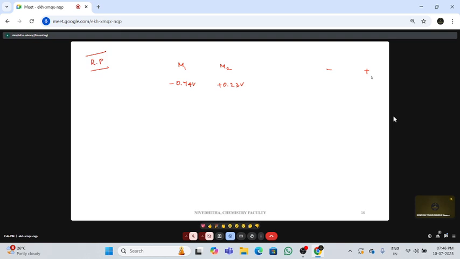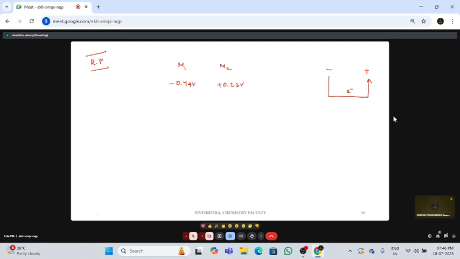From negative to positive or positive to negative? How will this electron flow? Negative to positive. Very good. Since electrons are negatively charged species, they will move towards the positively charged site. So electrons will be moving from negative terminal to positive terminal.